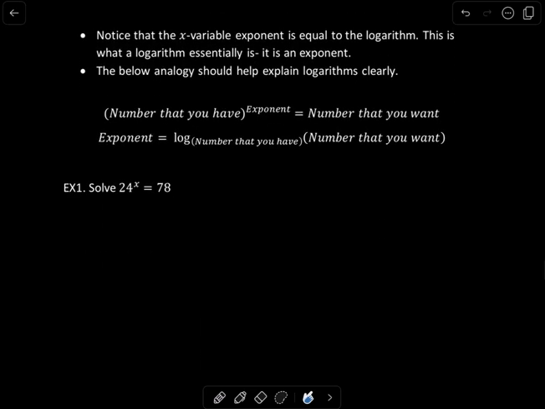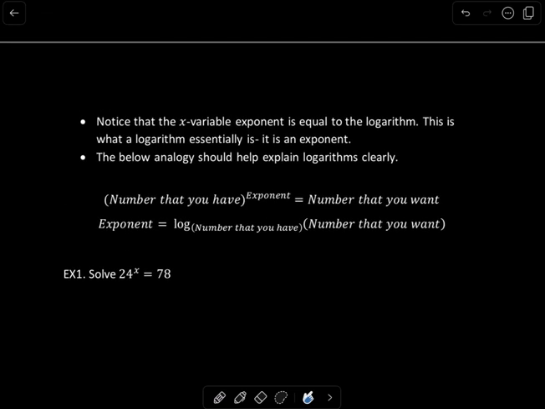So notice that the x variable exponent is always equal to the logarithm. In the above example, I had x is equal to log of 9 to the base 2. This is what a logarithm essentially is. It's an exponent.